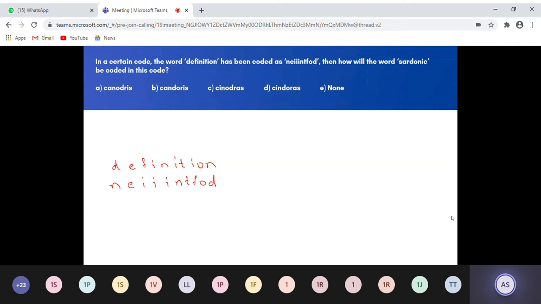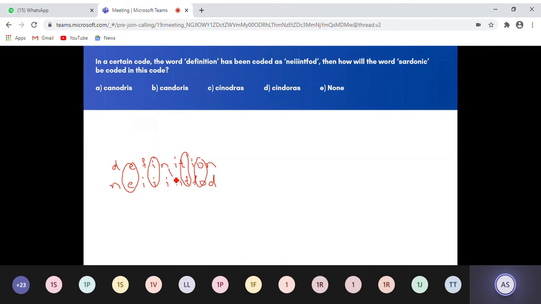Aditya, check once. Good. We see that E remains the same, I remains the same, O remains the same, and T remains the same, right?